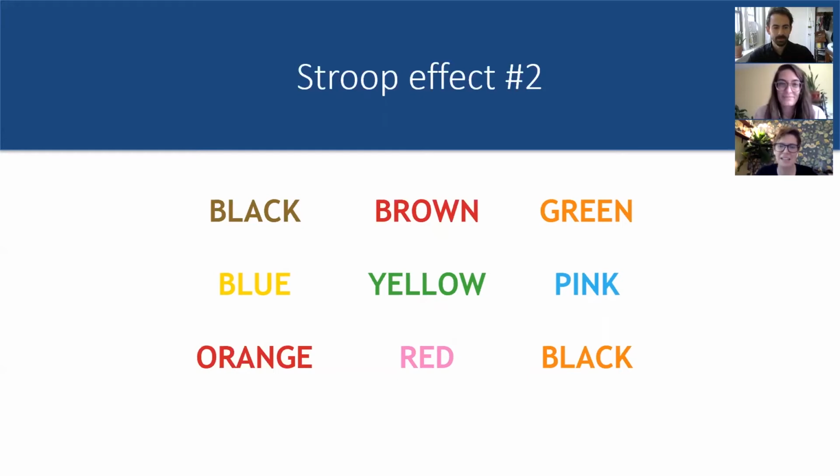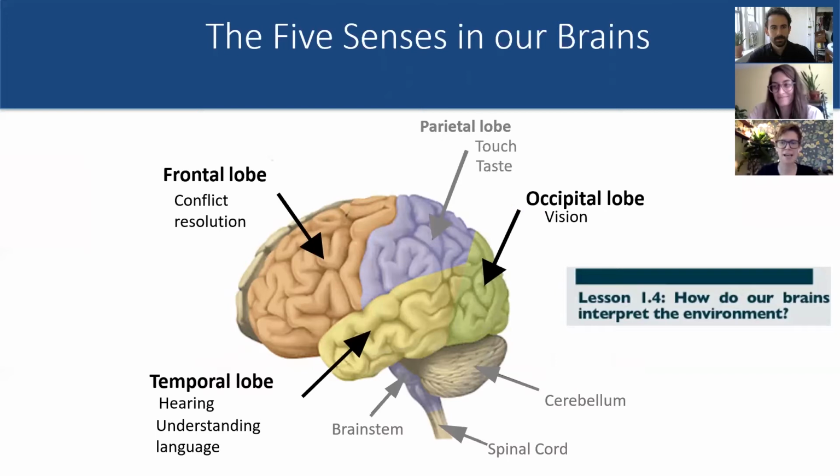Right. This is a phenomenon called the Stroop effect, and it's actually a really good demonstration of how the brain processes different sensory information. So here's a picture of the human brain as it appears in our high school curriculum lesson 1.4. And different parts of the brain control different processes. They sense different sensations.